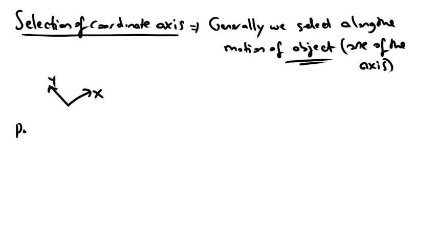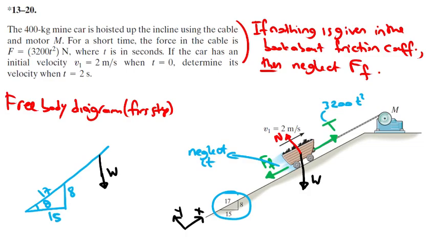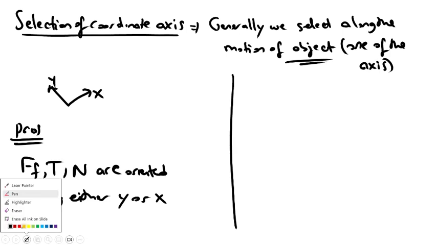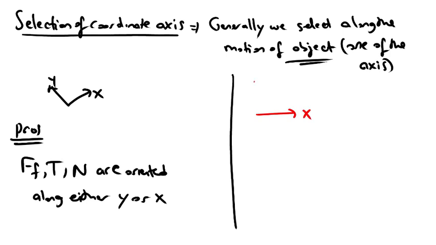So the pros are that the friction force, the t, and then the n are oriented along the axis, along either y or x. Or you can go something like this one, which is another option, where x is like that one, and then y is like that one.